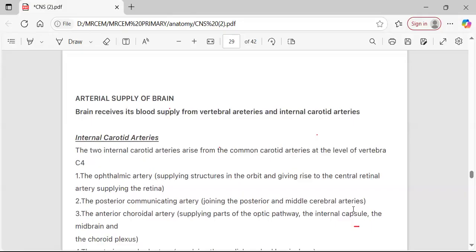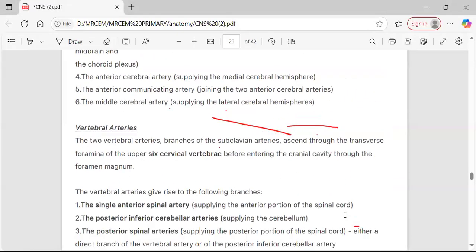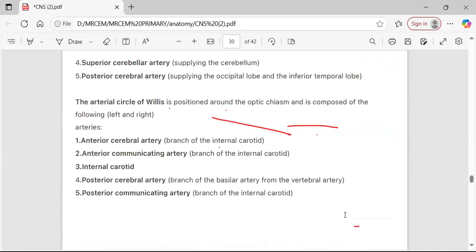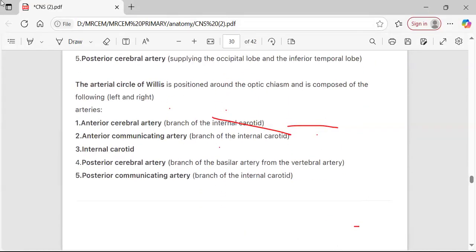Arterial supply. The brain receives its blood supply from the vertebral arteries and the two internal carotid arteries from the common carotid arteries. You must remember the arterial circle of Willis, which contains the anterior cerebral artery, anterior communicating artery, internal carotid, posterior cerebral artery, and posterior communicating artery.